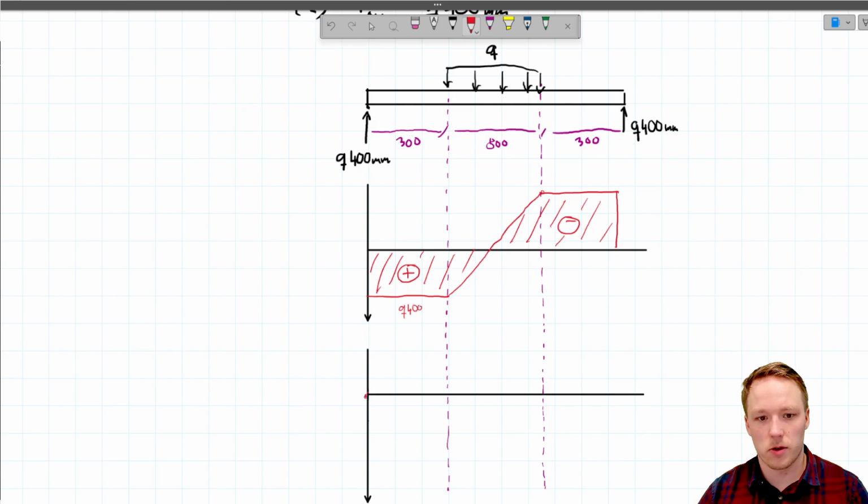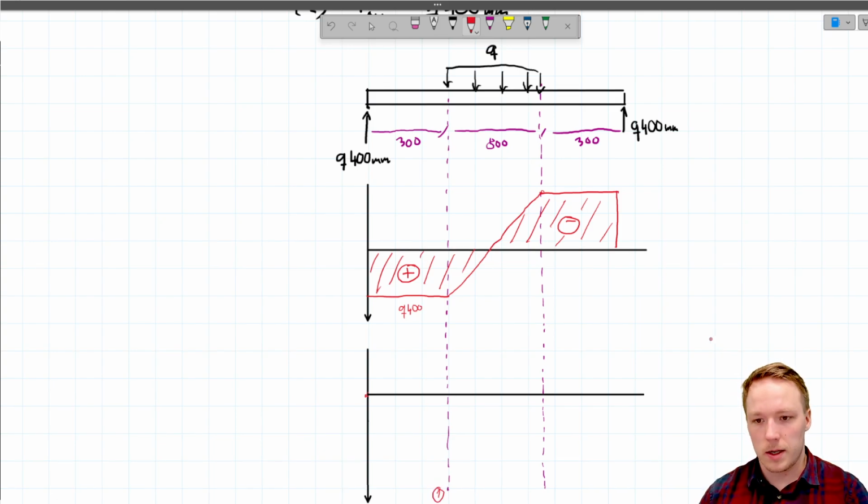We start from 0. The Q400 will start to increase our bending moment, and when we go from here to the beginning of the distributed loading, we are going to go a distance of 300. So we go here, location number 1.